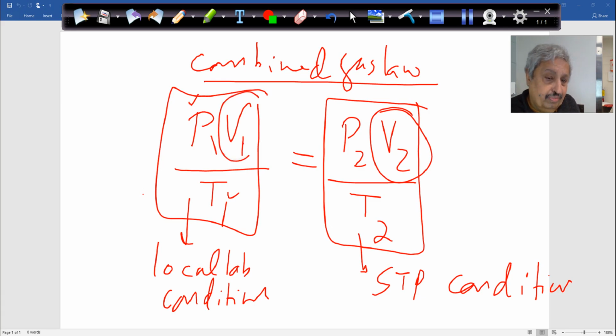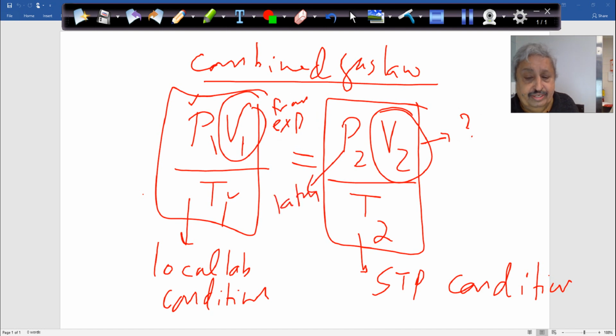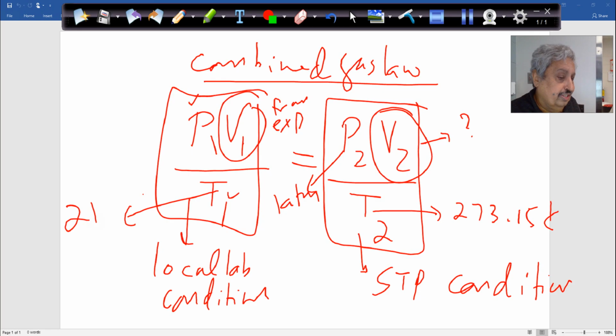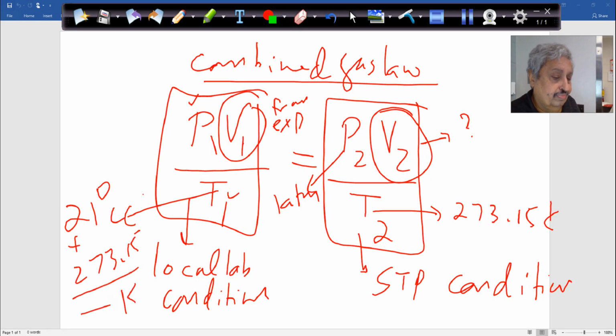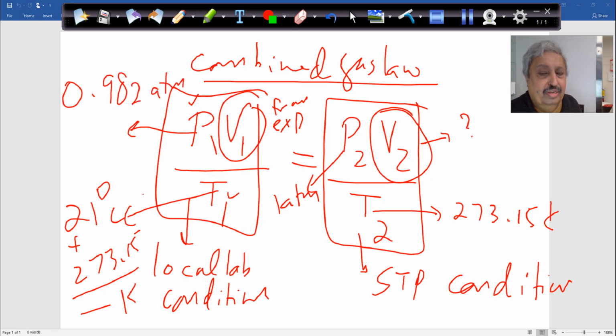The V1 is from the experiment, and this one we don't know. This one is 1 atmosphere at STP. This one here is 273.15 Kelvin. This one here is about 21 degrees Celsius. You convert it into Kelvin, add to this one here the Kelvin value. And this one here, if we don't have a manometer, we'll be using theirs. I think it's close to 1 ATM. So the whole idea is to get the V2.